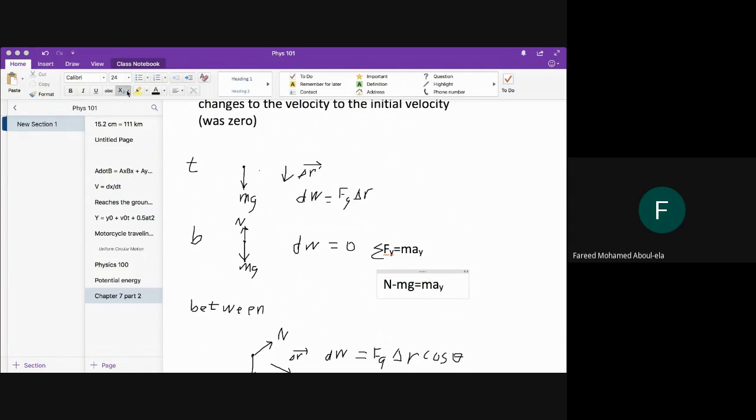And the radial acceleration, you'll remember, is v squared over r. So we have mv squared over r. Okay, so we can say normal force is equal to mg plus mv squared over r.